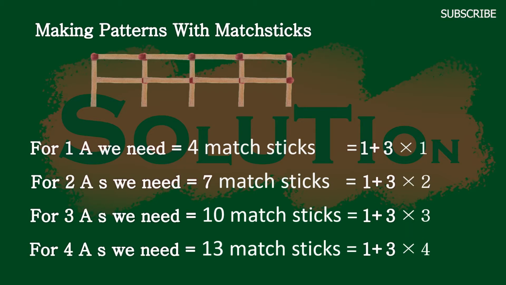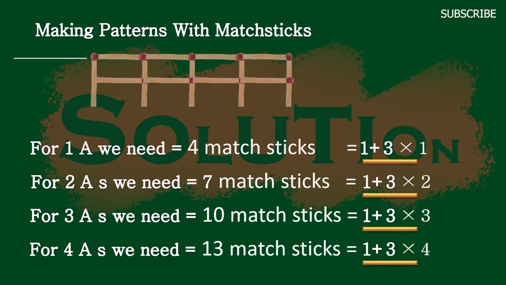Now let us break it down more. You can see here that 3 we can write as 1 into 3, 6 as 2 into 3, 9 as 3 into 3, and 12 as 3 into 4. Now we have some variables and some constants here. So what are the constants?